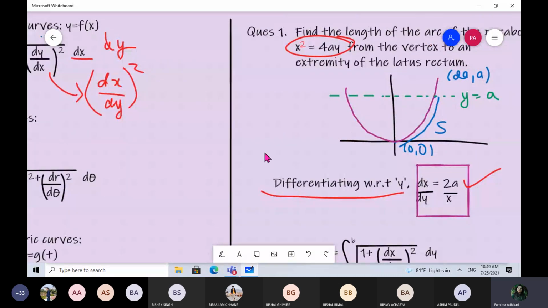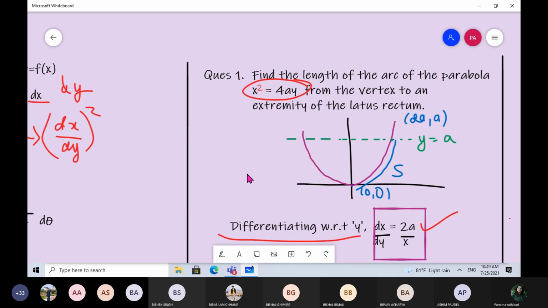What will be your limits of integration here? Limits of integration, very important. Yes, come on. 0 to a. Very good, 0 to a. Because here you are integrating with respect to y, so you will look at the change in y.